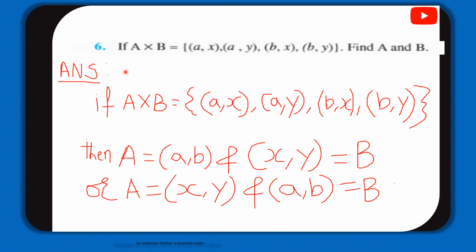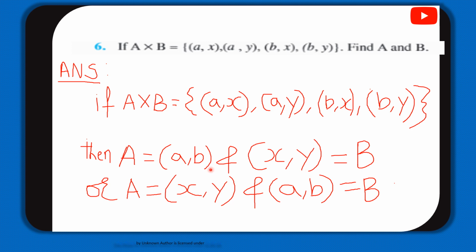If A multiplied by B is the ordered pairs (a, x), (a, y), (b, x), (b, y), from the ordered pairs, deduce that the first element of each pair must be an element of set A and the second element must be an element of set B. Okay, since the first elements are a and b and the second elements are x and y, we can conclude that A is equal to {a, b} and B is equal to {x, y}.